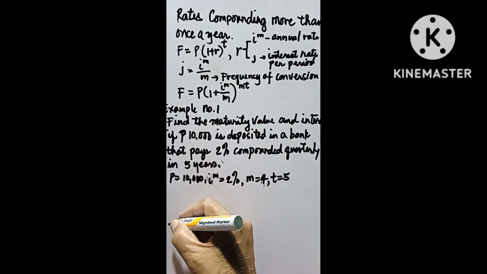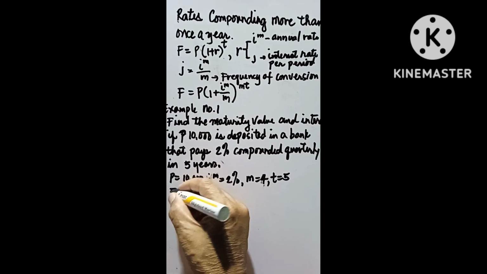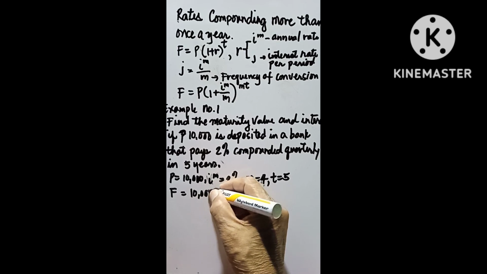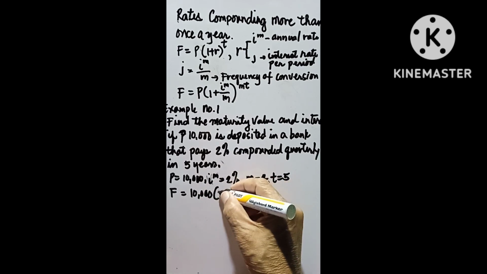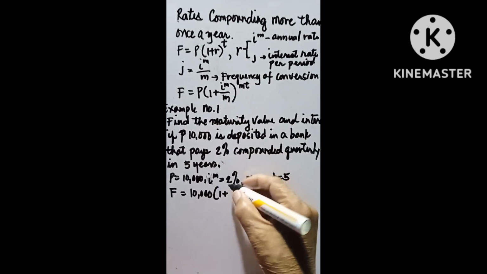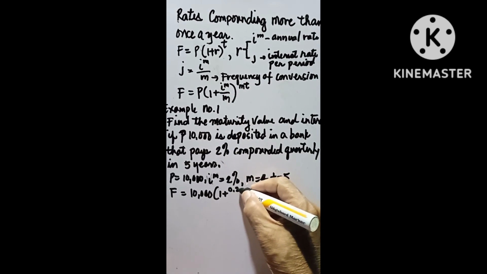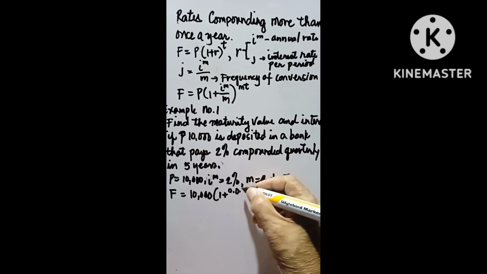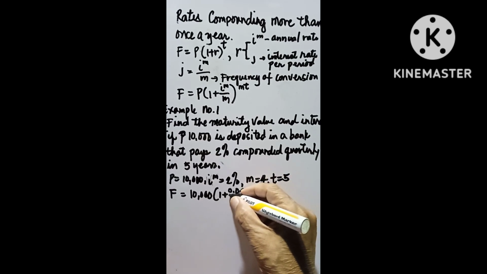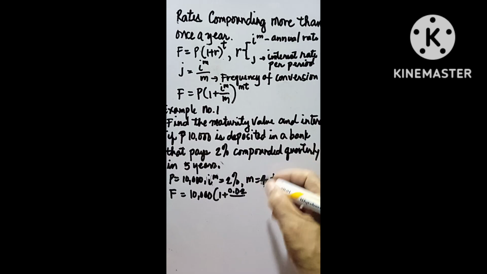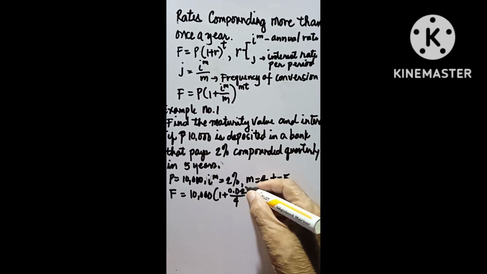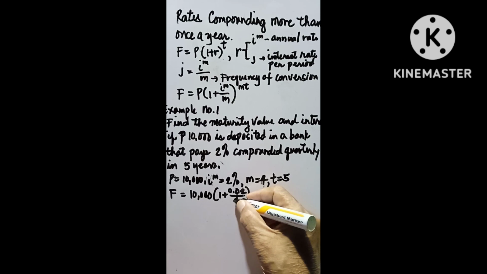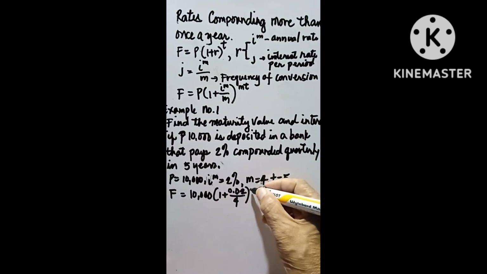So using the formula, we have F is equal to 10,000, that is for P, times 1 plus 0.02 divided by 4, because quarterly is 4, raised to 4 times 5, because there are 4 conversion periods in 1 year.